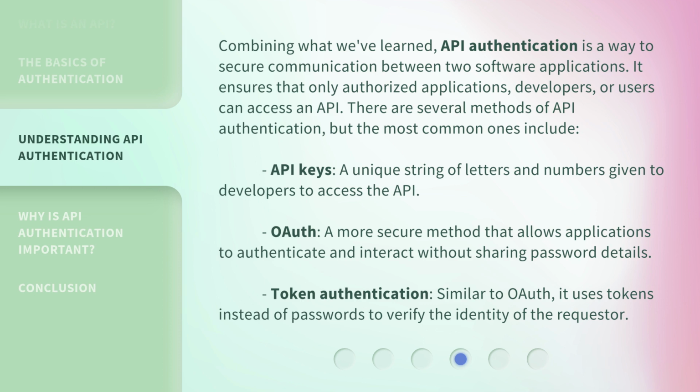OAuth, a more secure method that allows applications to authenticate and interact without sharing password details. Token authentication, similar to OAuth, it uses tokens instead of passwords to verify the identity of the requester.